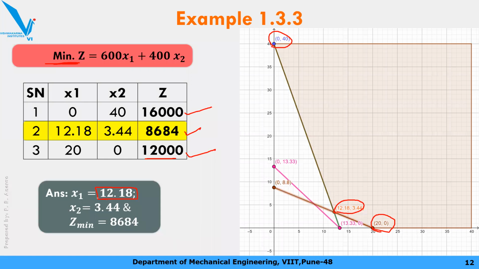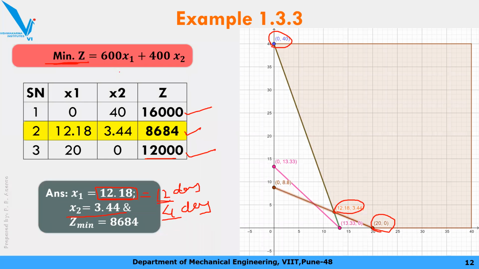So you allowed fractions, but if you are a manager for Mohan McCain's brewery, what will you do? x1 is 12, so you run it for 12 days, and x2 for 4 days. 0.44 or 0.18 is not a realistic number, so we will take 12 and 4 days and recalculate the Z value.